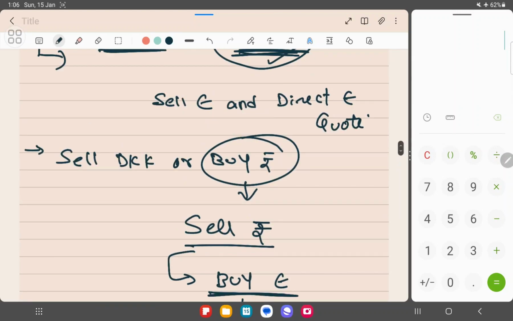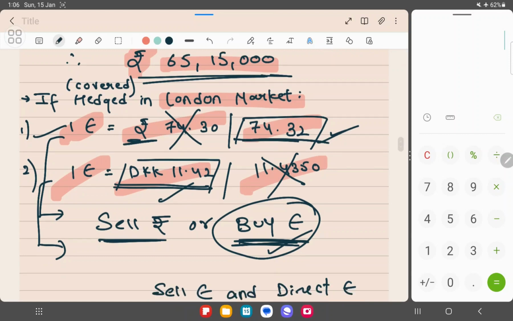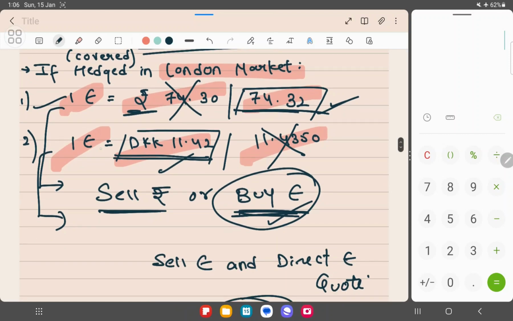Now with the rates that we've selected, let's go back to them again. In both of these rates, this is the first quote, the second quote. Where do you find DKK? See, 1 pound is equal to rupee and 1 pound is equal to DKK. This second quote, and we have already selected the quote. So these quotes are the non-selected, not important for us. Forget it. Okay. So we have 1 pound is equal to DKK 11.42.